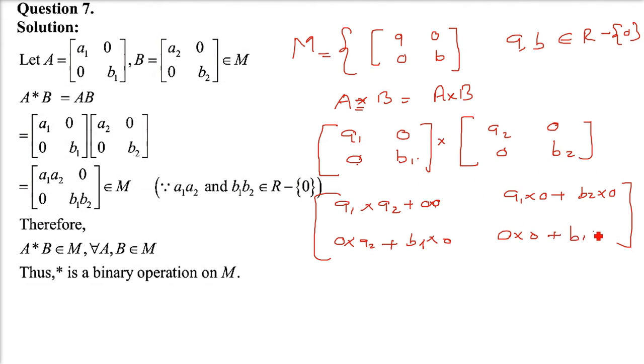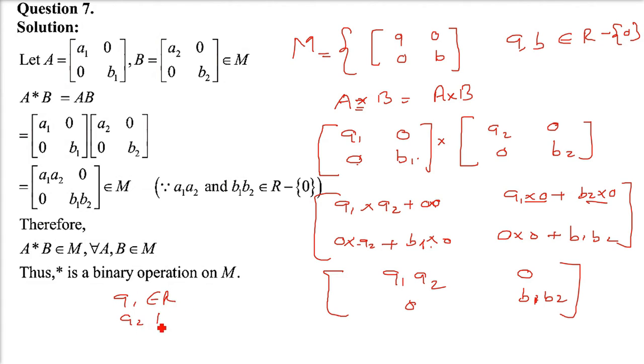Okay, so what do you get ultimately? This is 0, this is also 0, so you get A1 A2, 0, 0, B1 B2. You remember A1 and A2 we are taking from real numbers, no zeros here, because R minus 0 means you cannot take 0. So if A1 belongs to real numbers, A2 also belongs to real numbers. So A1 multiplied by A2 will always belong to real numbers, since A1, A2 cannot be 0.